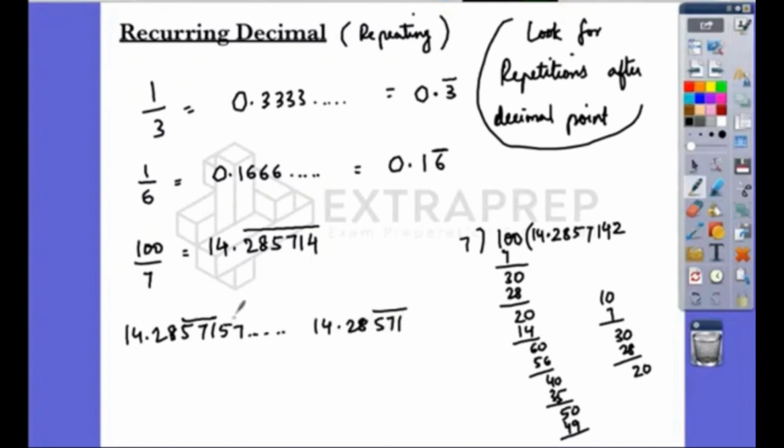Is it understood? So after the decimal point, from the place where whichever digit is repeated, from that place you will start until that point, and that's how you get a bar. Here after the decimal you've got 5 repeated, so from 5 you start until 5, then you put a bar, and that's the value you get. I hope the example is understood.